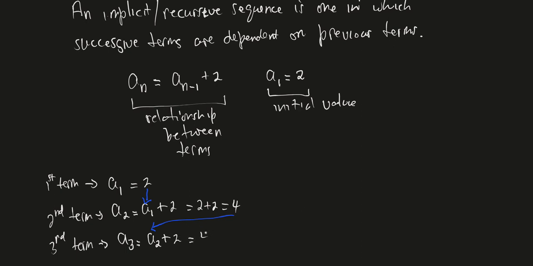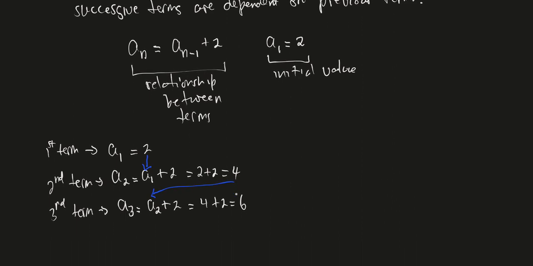In this case, it's 4 plus 2, which gives me 6. You notice what we're generating? We're generating the positive even integers. So this is a recursive way that you can generate it. You can do it explicitly as well, but this is a nice recursive way.